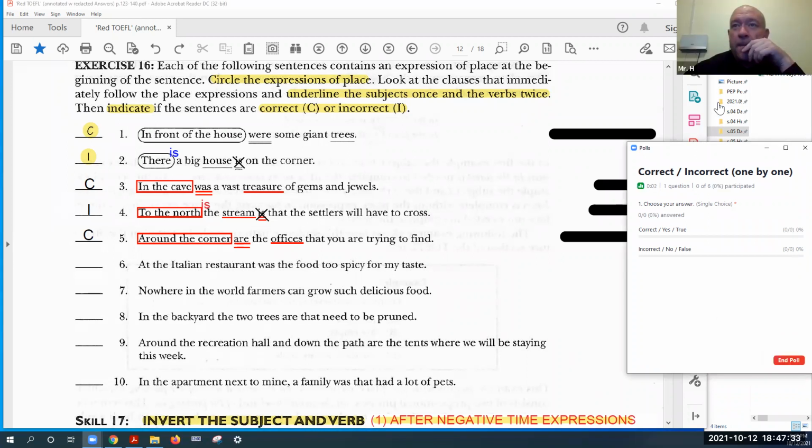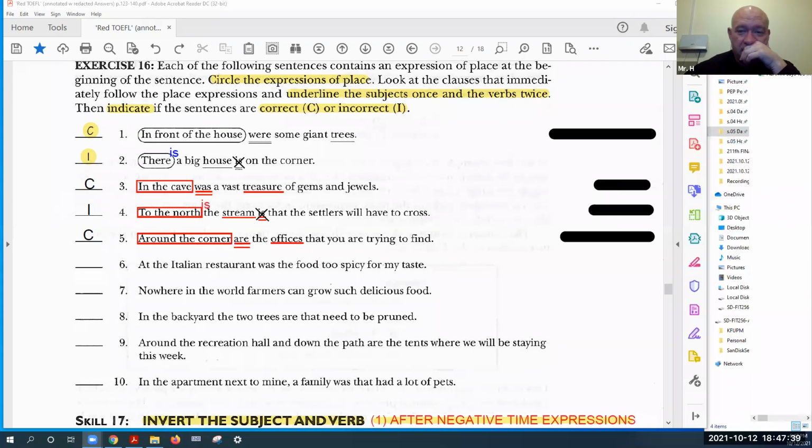All right, go ahead. I think it's easy. We'll see. Students often get this one wrong. 5, 4, 3, 2, 1, finished.